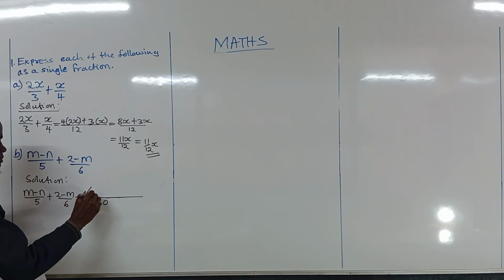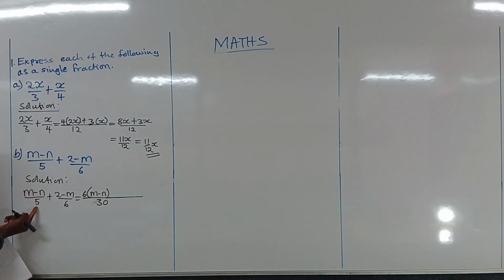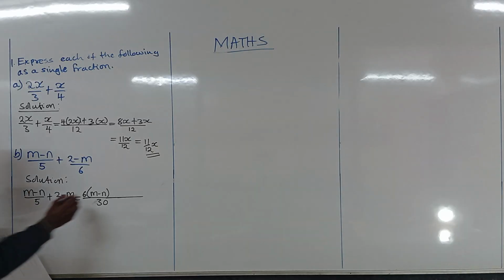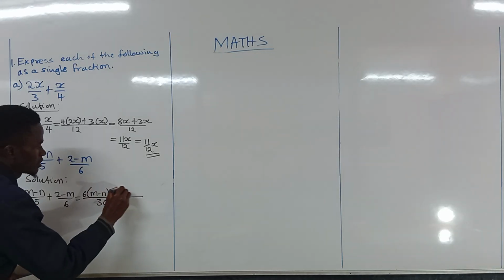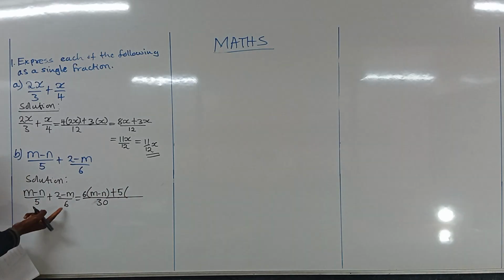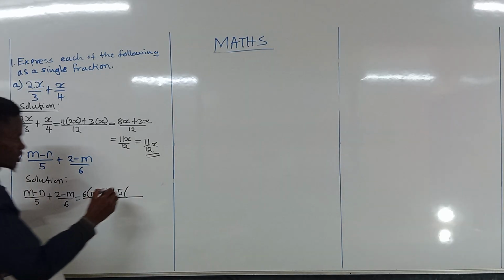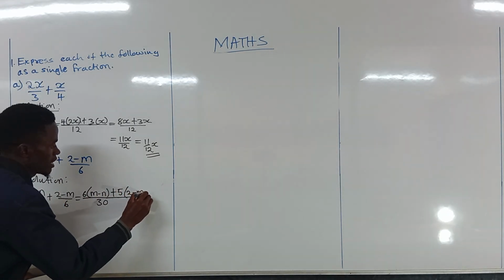Then we are going to multiply it by m minus n, which is the numerator above 5. And then we have this plus here. 6 divides 30 5 times. So we write 5 into the numerator above 6, that is for the denominator 6. It is 2 minus m.